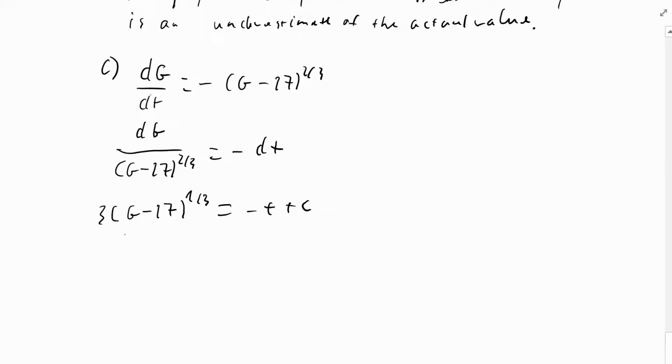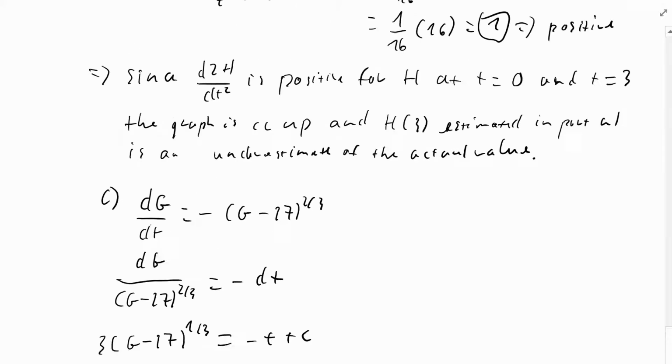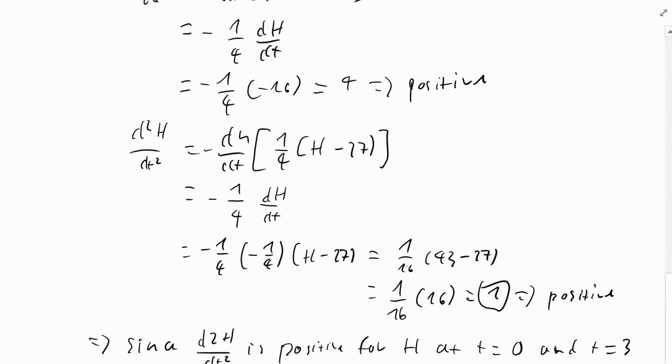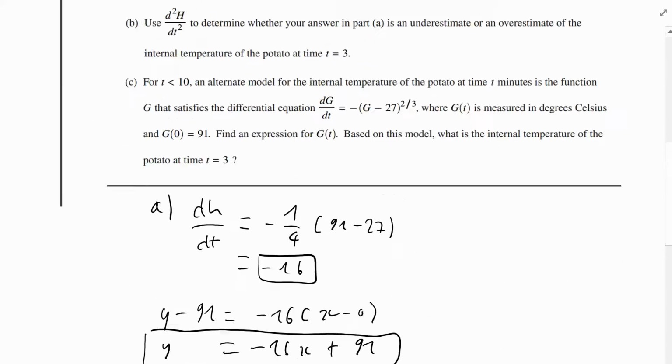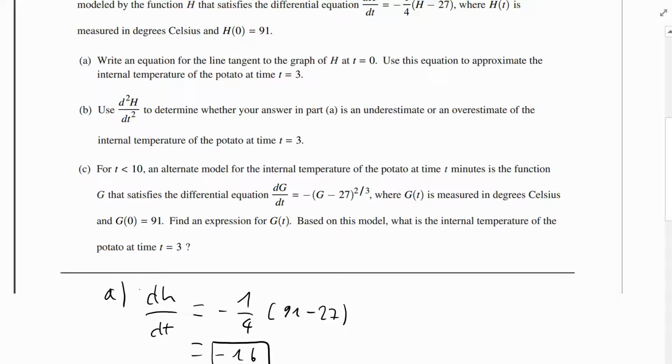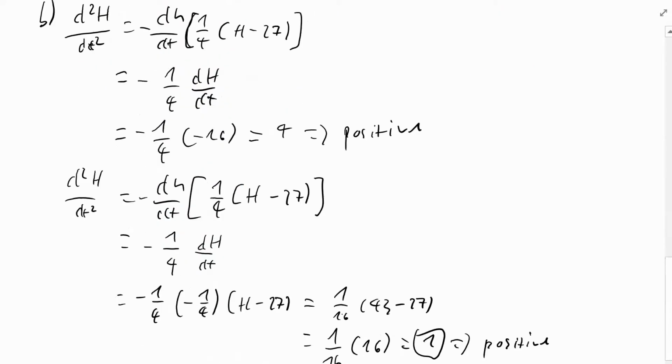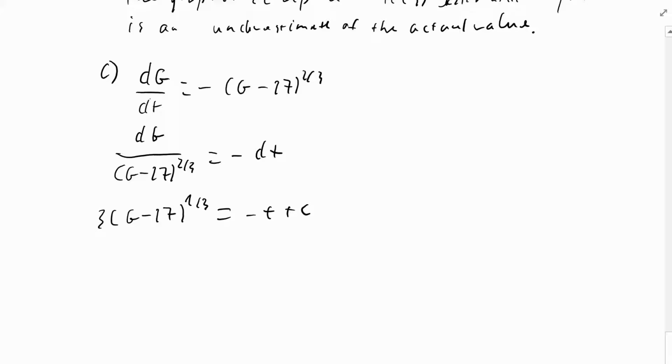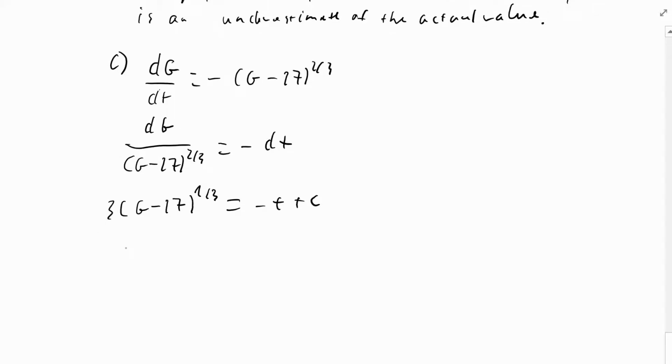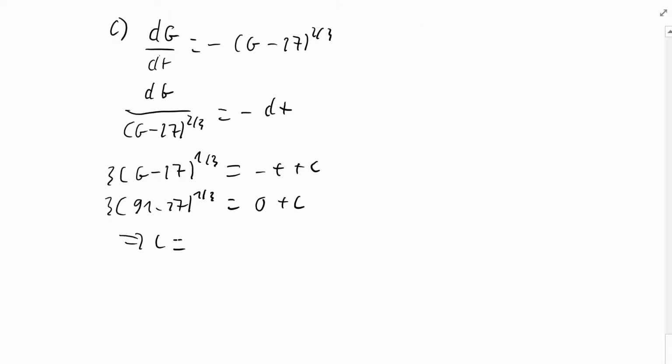Now we have the initial condition: when t equals 0, g equals 91. So we plug in the initial condition to find the constant: 91 minus 27, which is 64, to the 1/3 equals 0 plus c.